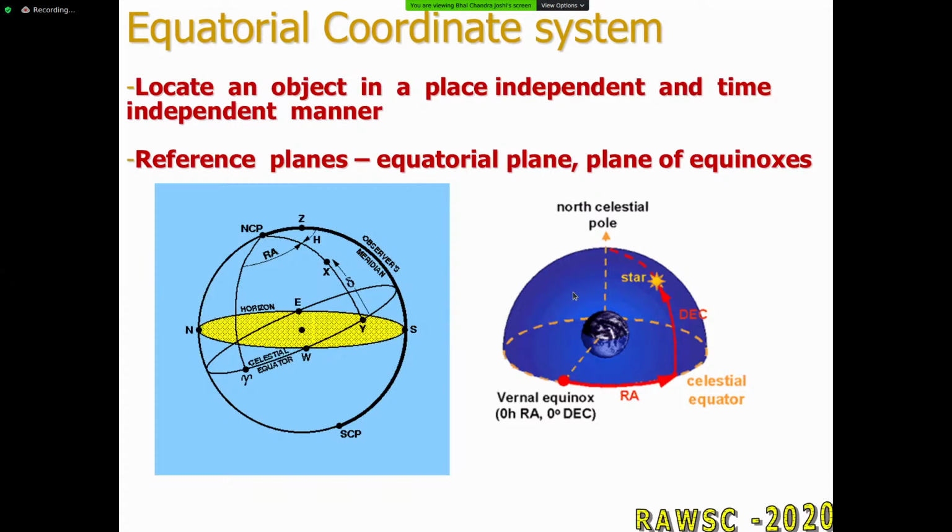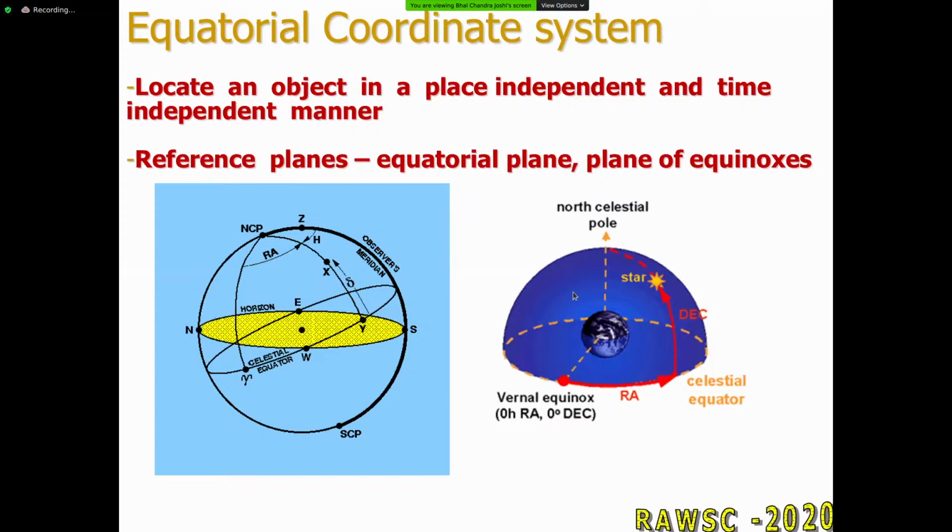Can somebody tell? 21st, 22nd March. 21st March. So on 21st of March, where will the 0 right ascension star be? It would be at 0 RA, 0 dec.